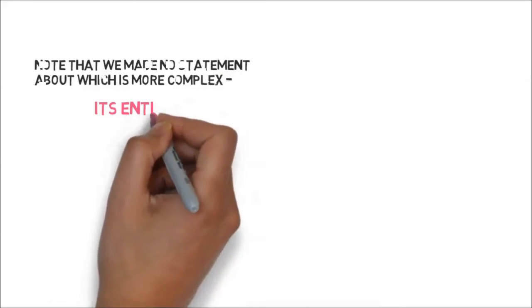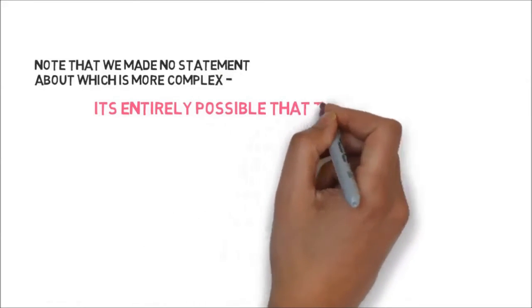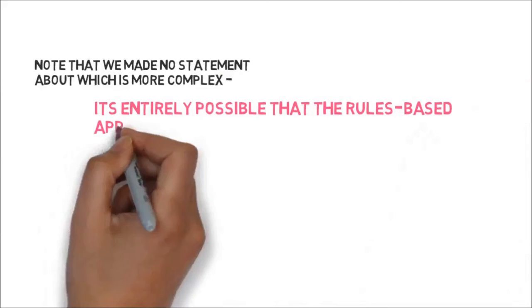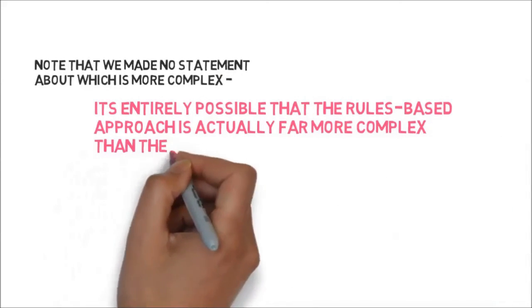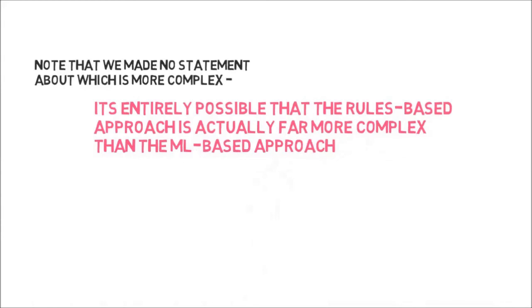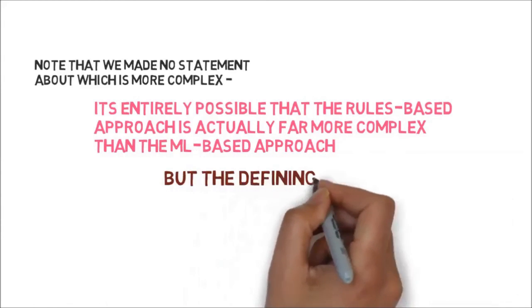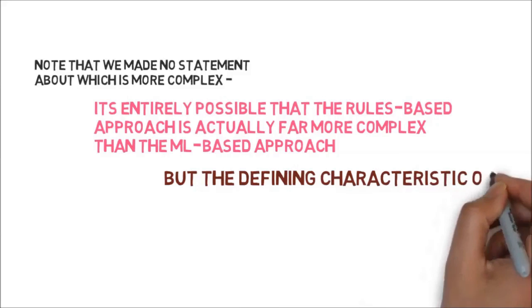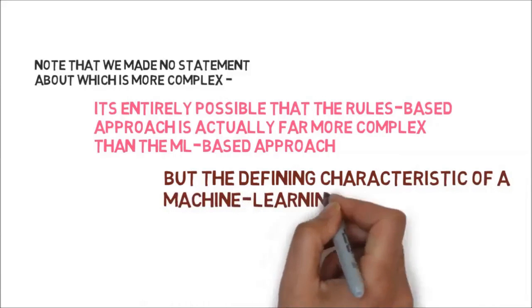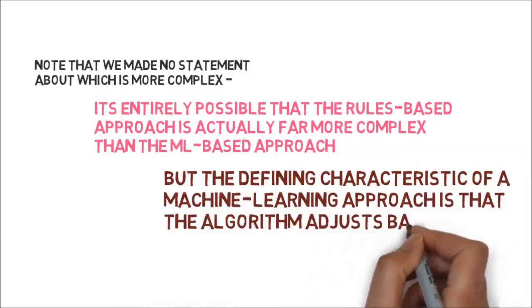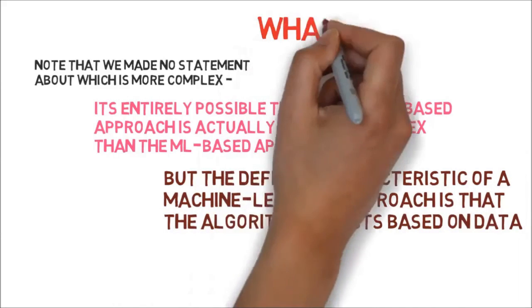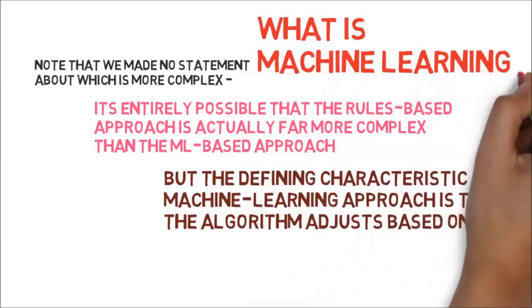It could be that because of the efforts and the daunting task of keeping the lists updated, the rule based approach could actually be more complex. It could be more complex and less accurate. In any case, complexity is not the defining characteristic of machine learning. It is the fact that the algorithm adjusts itself based on data. And that's what machine learning is.